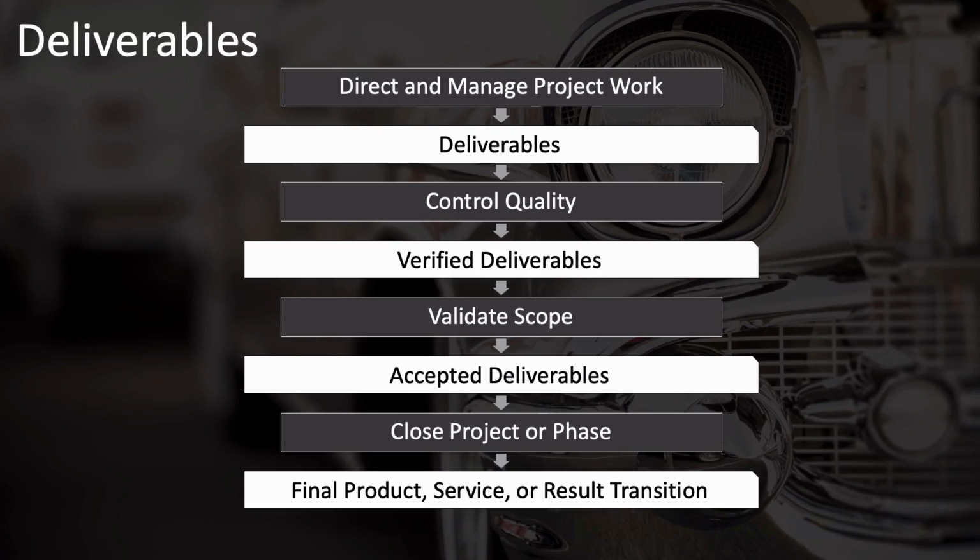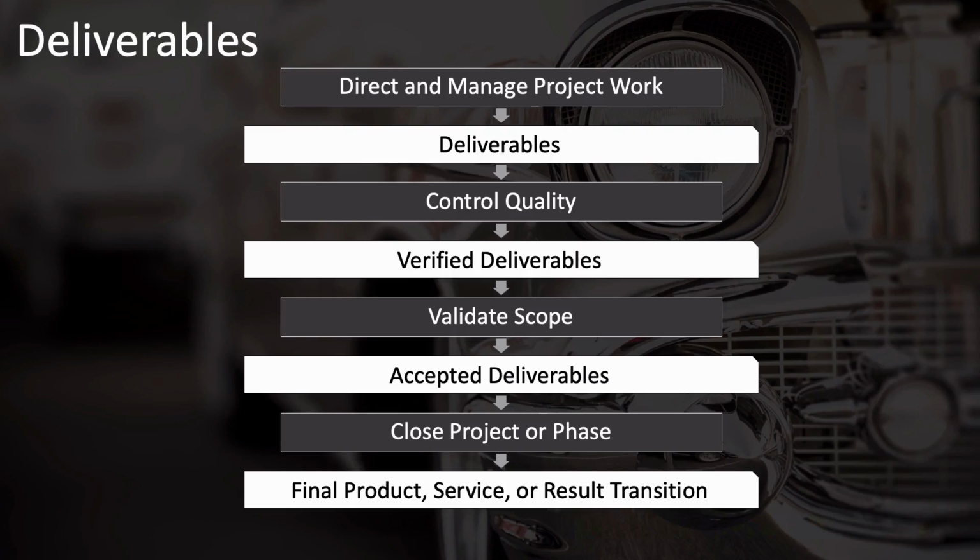Once this is done, these deliverables are still the same deliverables, but now they have the qualifier of accepted in the name to indicate that those key project stakeholders responsible for acceptance have indeed accepted these deliverables.